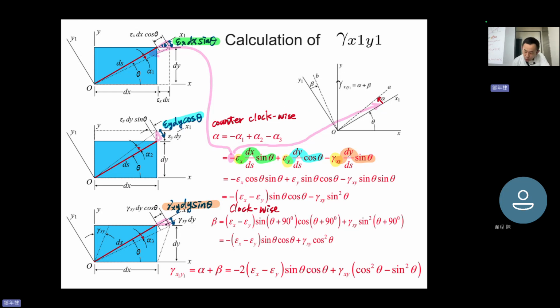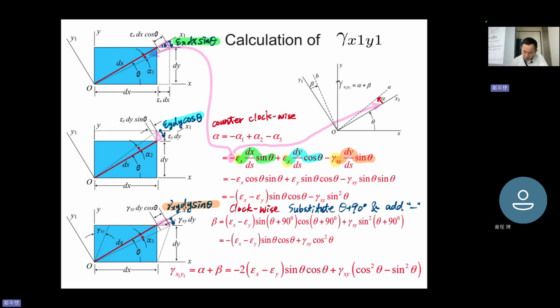So what I will do here is substitute theta plus 90 degree and add minus sign.